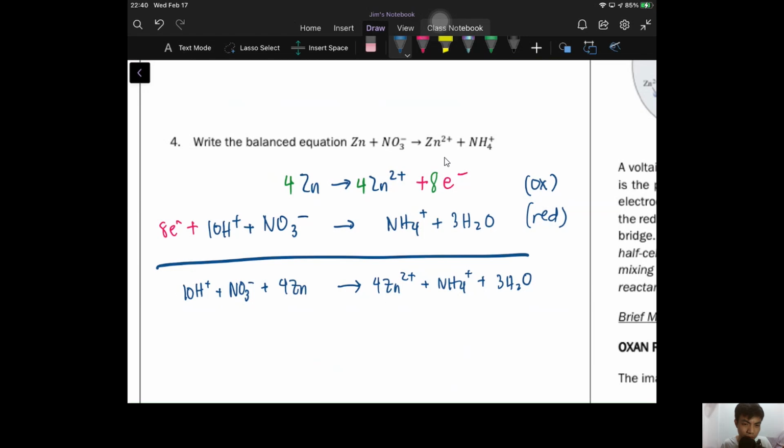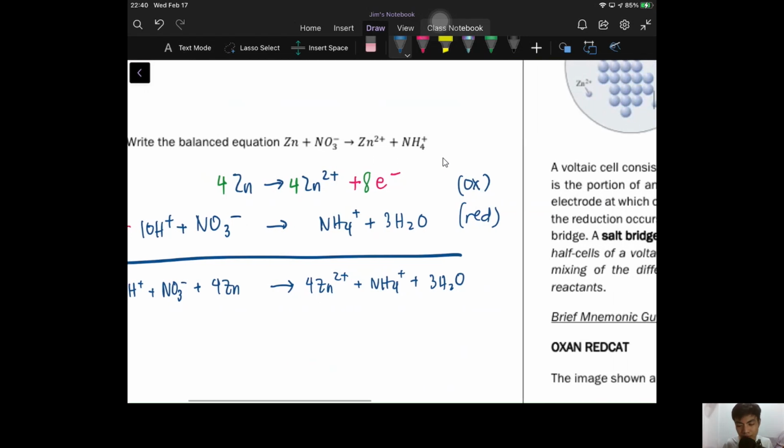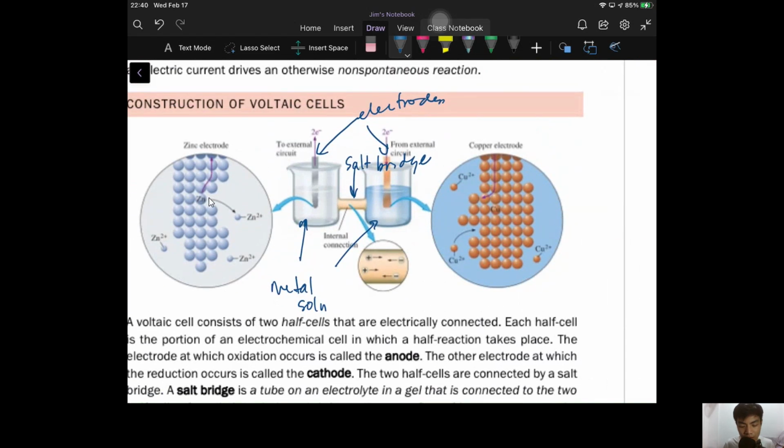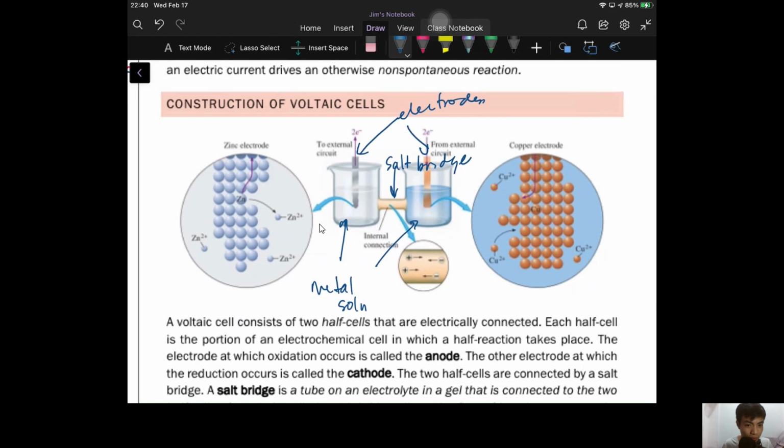So, may zinc electrode doon na nakalublob in which yung zinc magiging ions, and it will give off electron. So, mag-undergo yan ng oxidation reaction. Yun yung purpose ng metal solution and the electrode, to allow the conversion of your chemical species as it undergoes redox reaction.